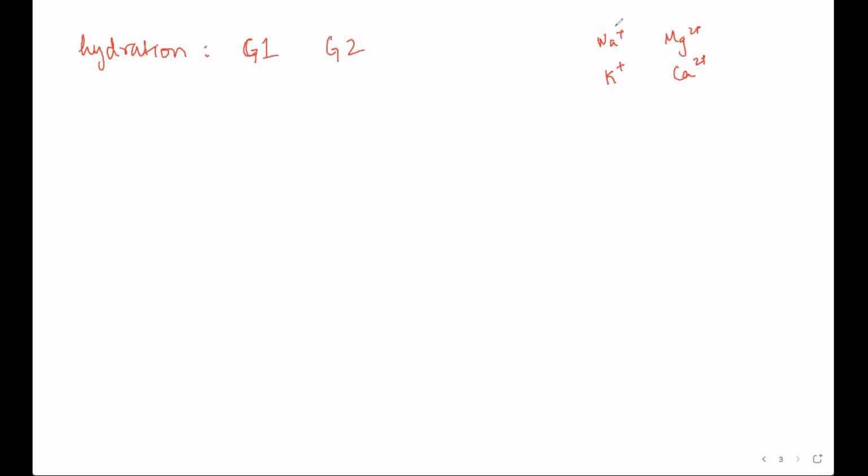Look at it. I've got Na+ here, I've got Mg2+ here, K+, Ca2+. Their valence charges? Yeah, the charge on them is different. So which one has greater charge on it?